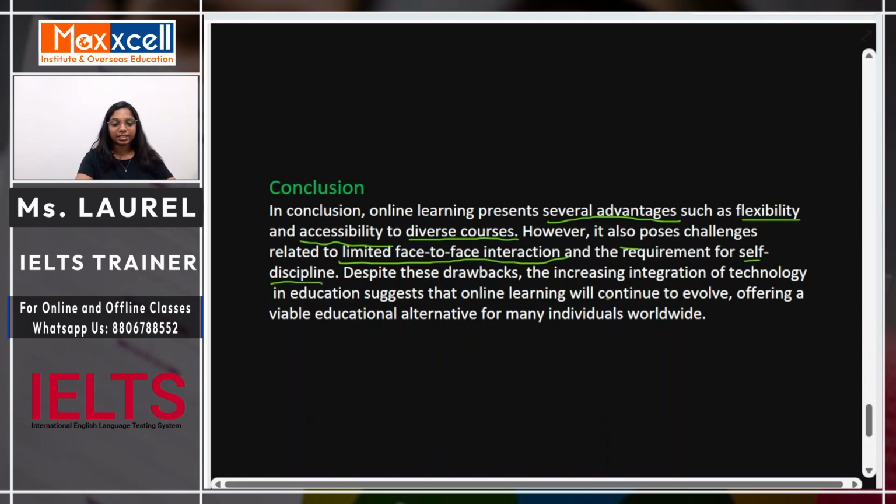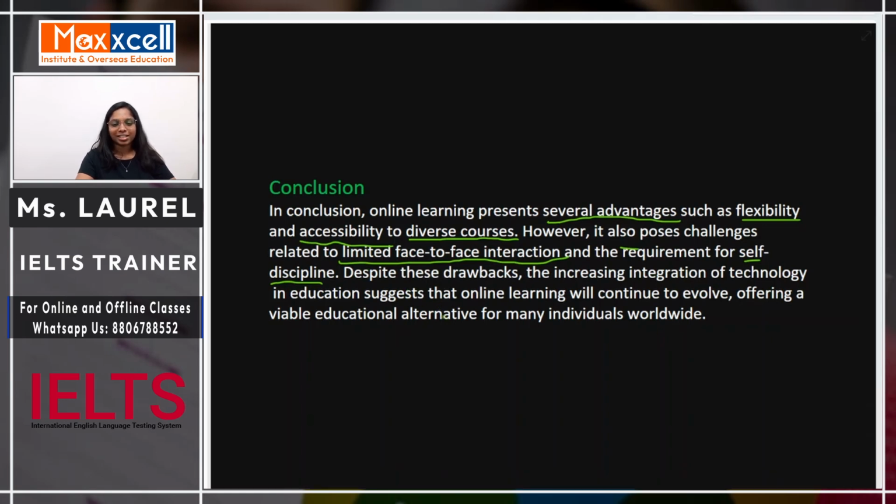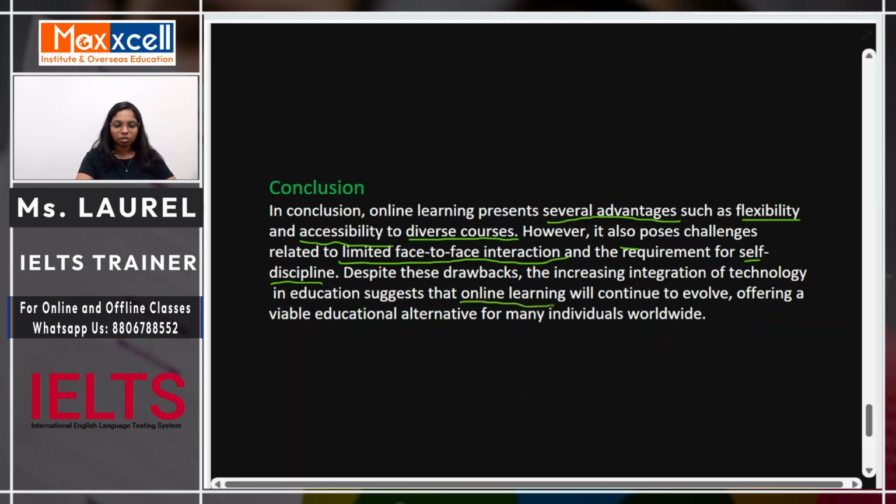Despite these drawbacks, the increasing integration of technology in education suggests that online learning will continue to evolve, offering a viable educational alternative for many individuals worldwide. So we have completely written down the whole essay here. Check for the type of words we have used and the grammatical range we have displayed. So make sure you take note of all such things as well.